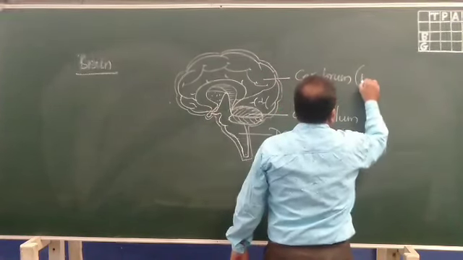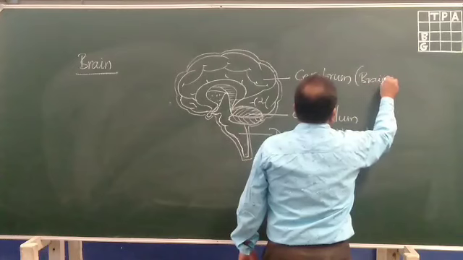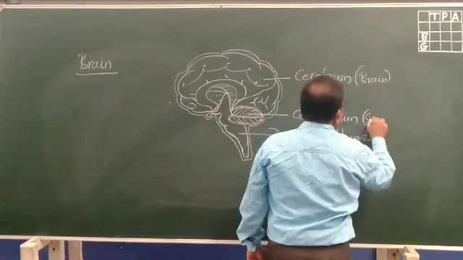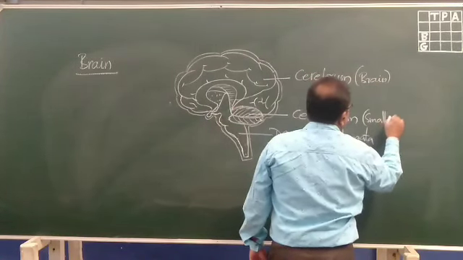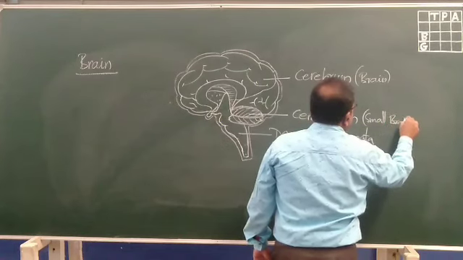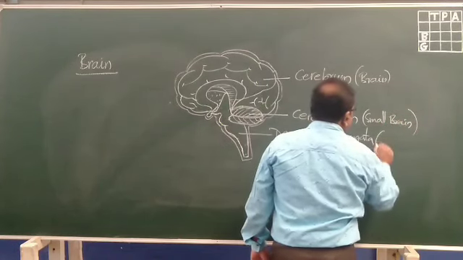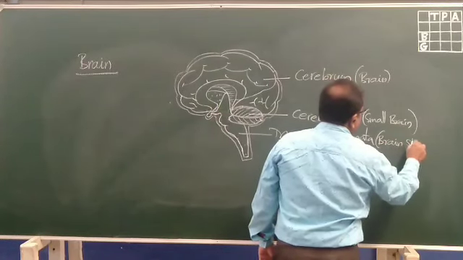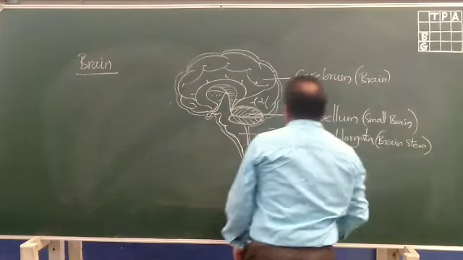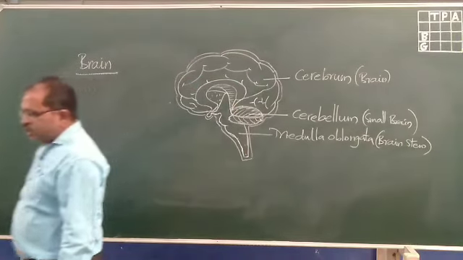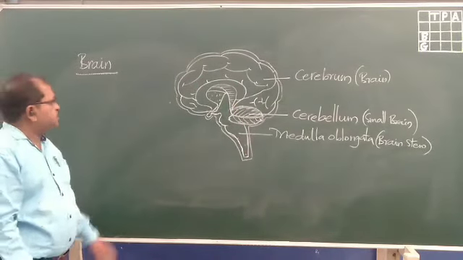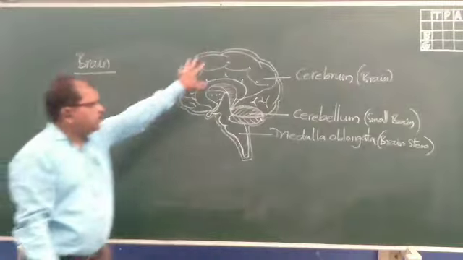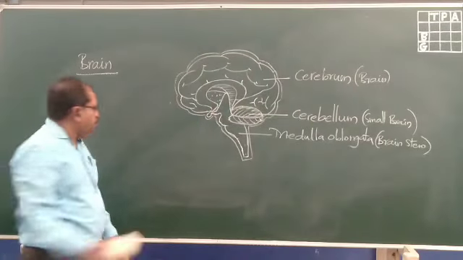The cerebrum is also called the brain. The cerebellum is also called the small brain. And the medulla oblongata is also called the brain stem. These are the three major parts presented in the brain. Let us learn about the cerebrum first.